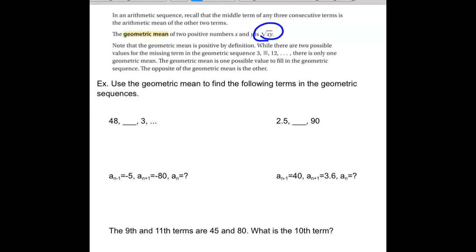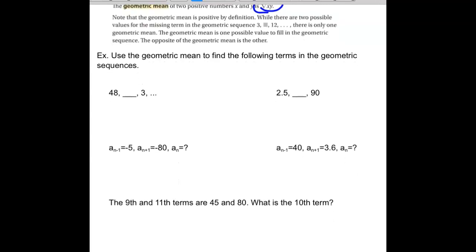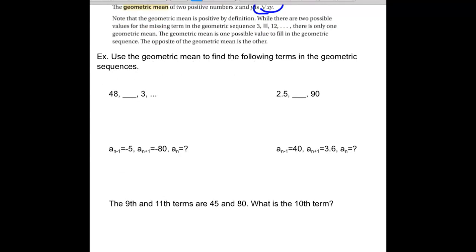So just like in the previous example, we could have had an r value that was positive or negative, so our sequence could alternate numbers or not. So use the geometric mean to find the following terms in the geometric sequences. So to find the second term, we are taking the first times the third, since it's geometric, think multiplication, first times third, and then square rooting that. All right?